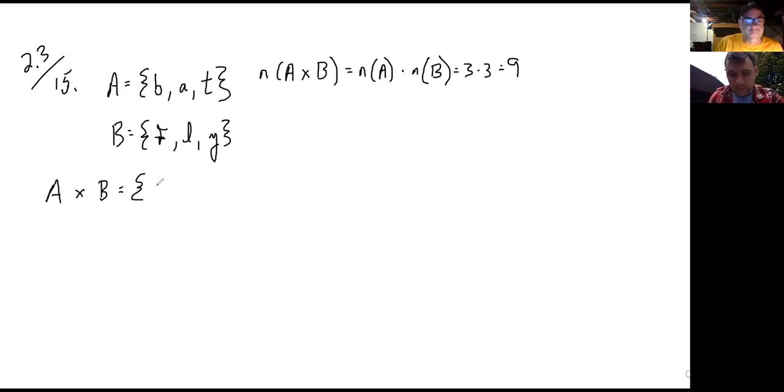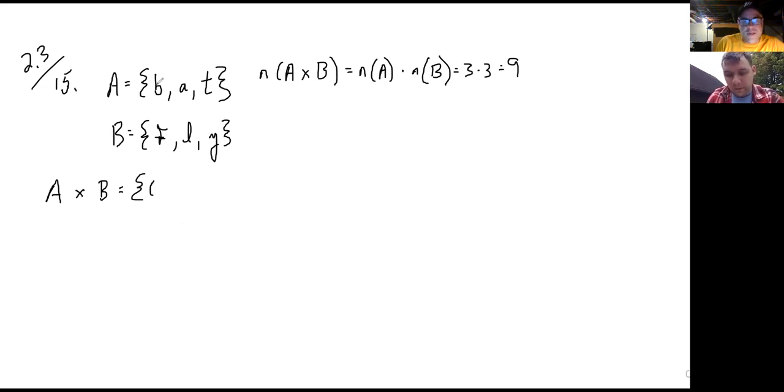All right, so here we go. You don't have to have these ordered pairs in a particular order. We just have to have all the ordered pairs. So what I do, just kind of systematically, is I'll take B, because in the ordered pair, the first component comes out of this set. Then the second component comes out of that set.